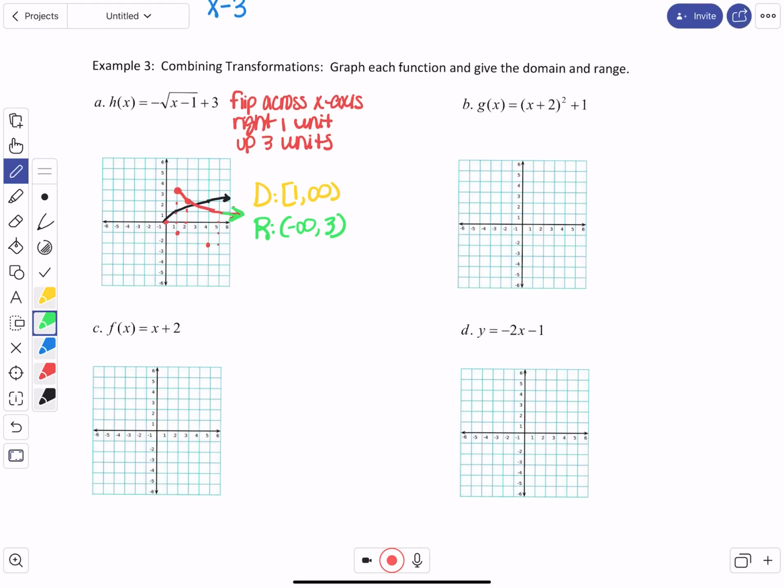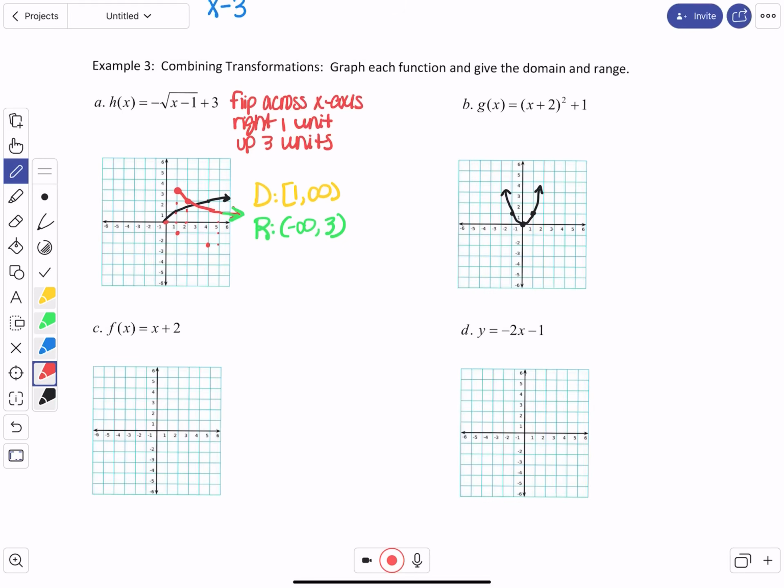Okay, so now on B, our parent function is a parabola. Now, I always do 3 points for a parabola. 0, 0, 1, 1, negative 1, 1. So this is like our parent function.